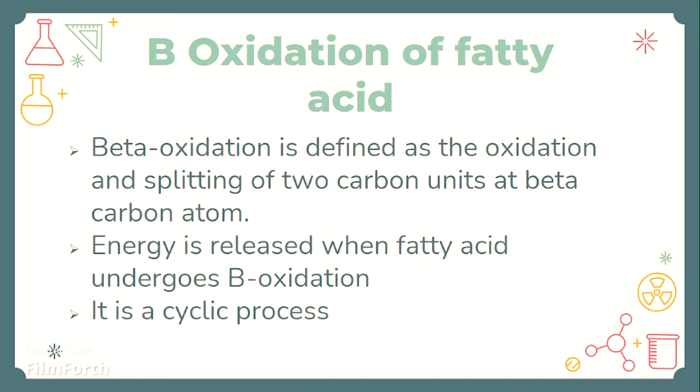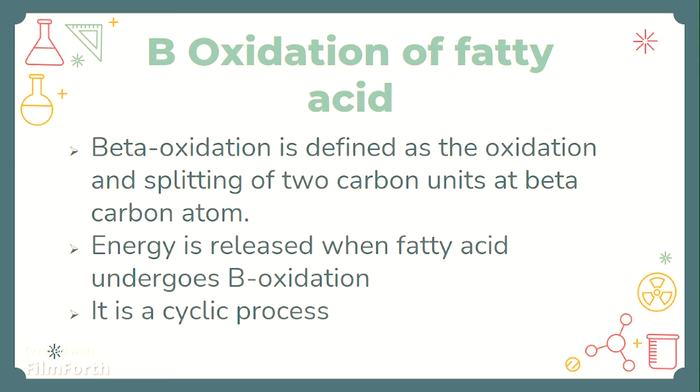It is the breakdown of a fatty acid to Acetyl Coenzyme A. Acetyl Coenzyme A is actually a molecule that participates in many biochemical reactions in protein, carbohydrate, and lipid metabolism. Its main function is to deliver the acetyl group to the citric acid cycle.